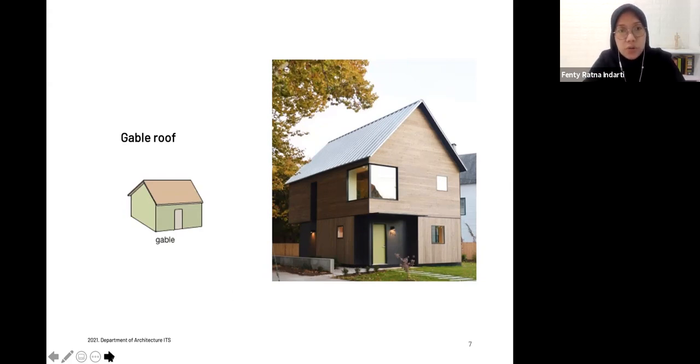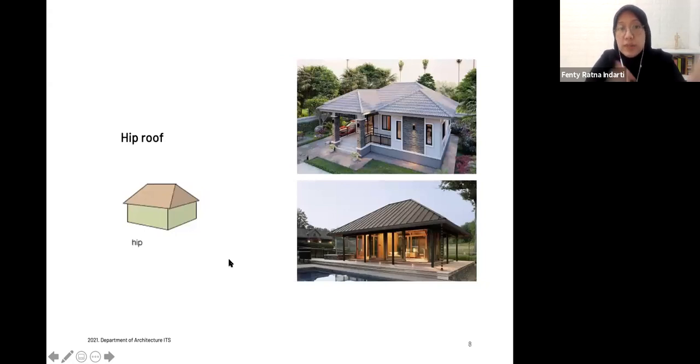So next is about the hip roof. This is your assignment. So hip roof is basically already used in traditional or vernacular architecture, usually in Javanese architecture, but also it is the common one that is used for buildings located not only in tropical countries, but also in temperate climate countries.